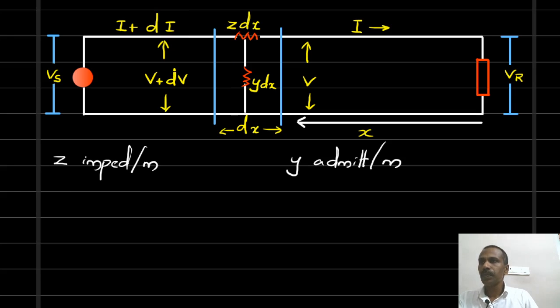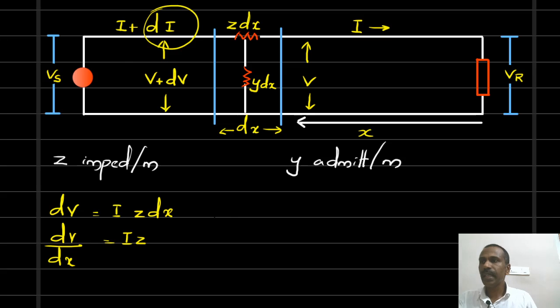Now this dV is dropped in this part of the line. Voltage drop equals current into the impedance z dx, or you can write dV by dx is equal to I into z.